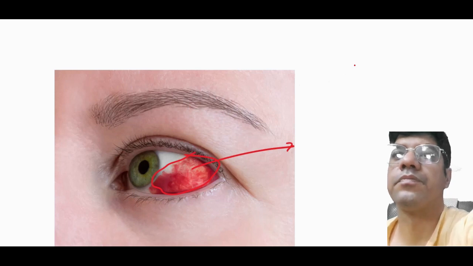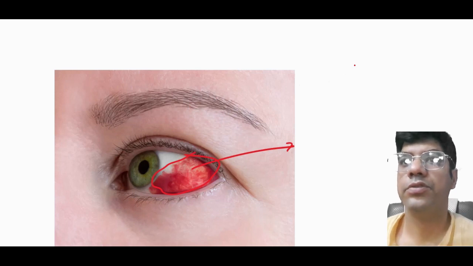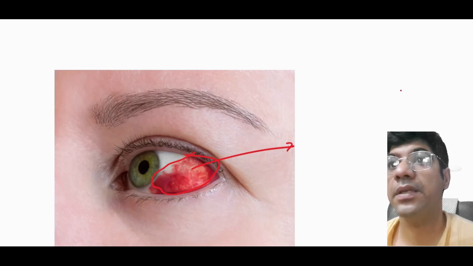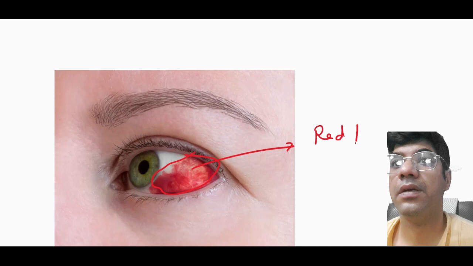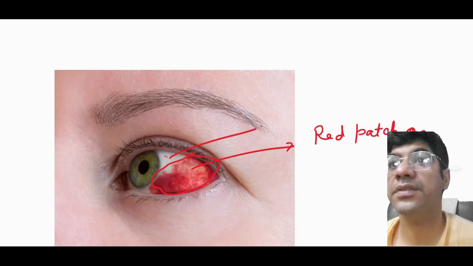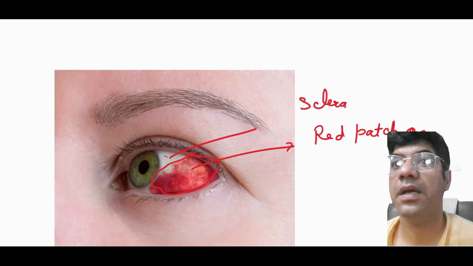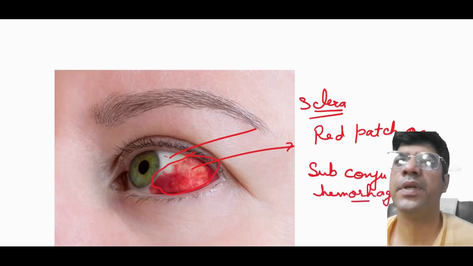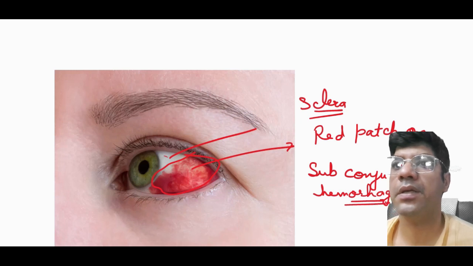Bleeding in the subconjunctival tissue results in a red patch on the white part of the eye, that is the sclera, and it is known as subconjunctival hemorrhage. It typically resolves on its own without any treatment.